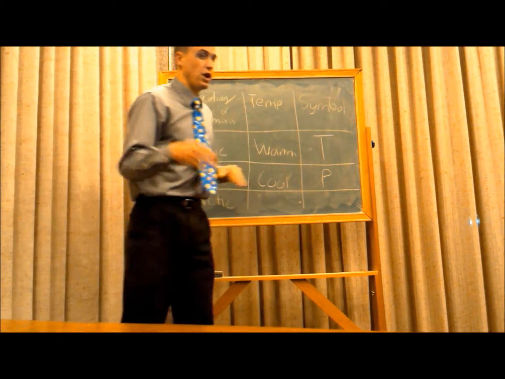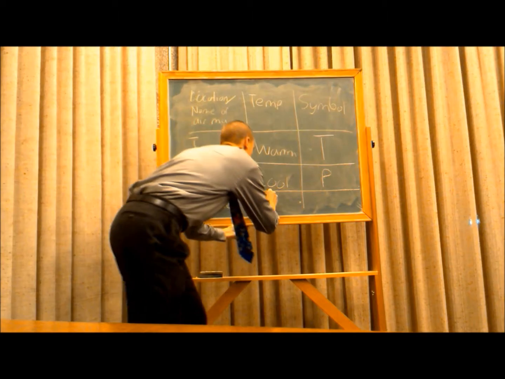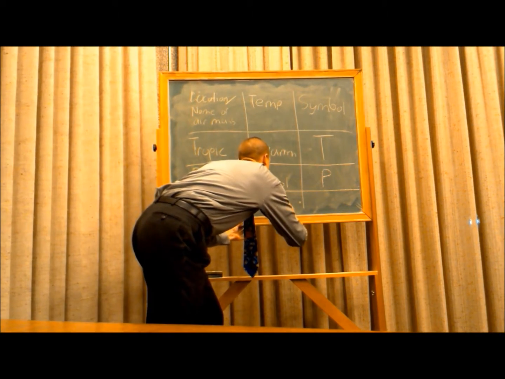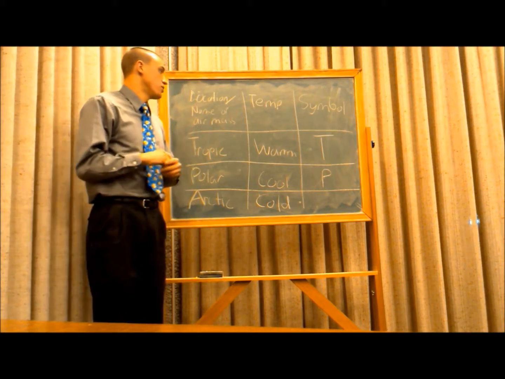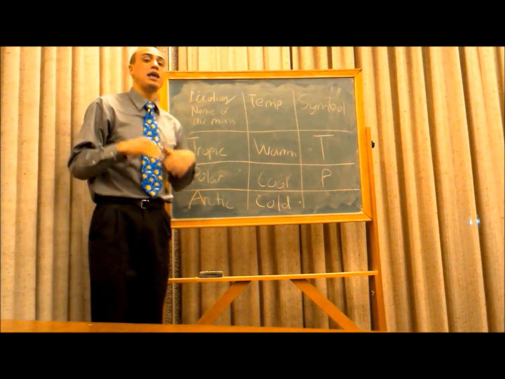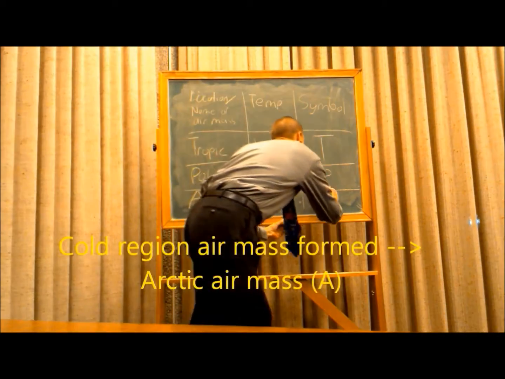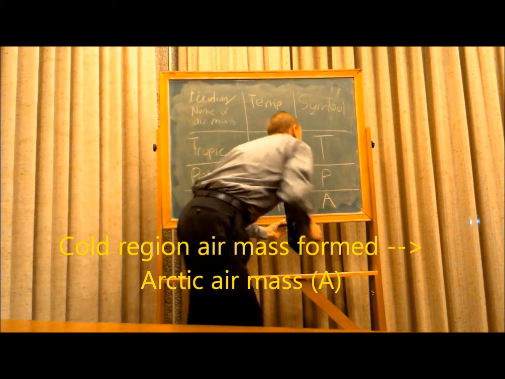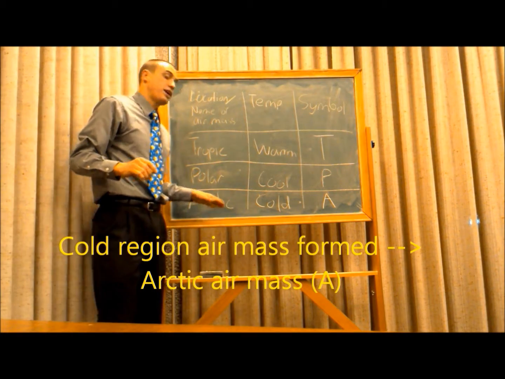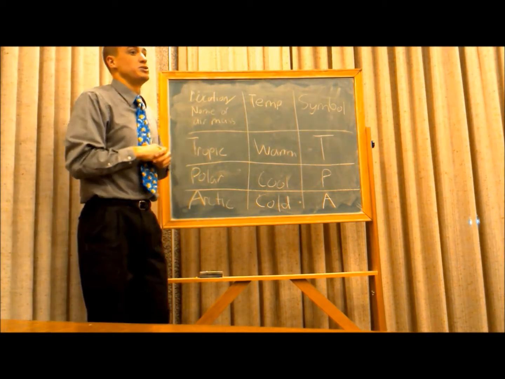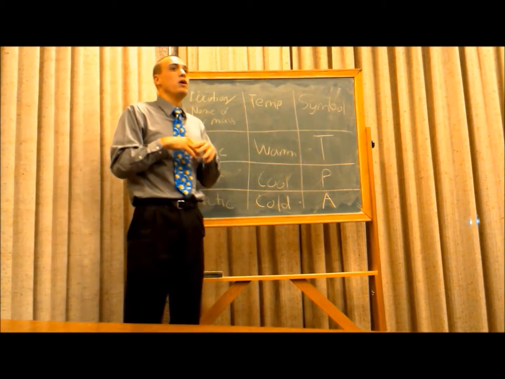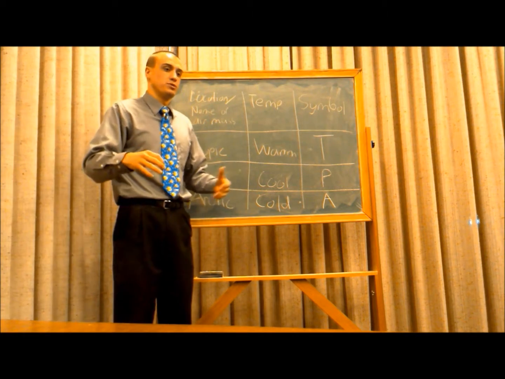So the temperature of an Arctic air mass is cold. Now the symbol for an Arctic air mass is a capital A. Now, Arctic air masses typically occur in the Arctic region. So think North and South Pole, they occur around the Arctic Circle.